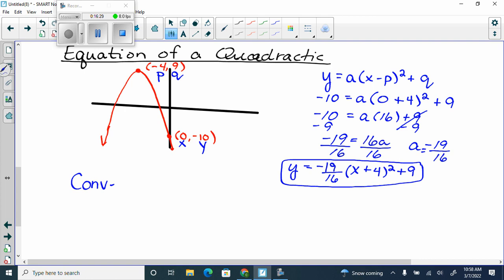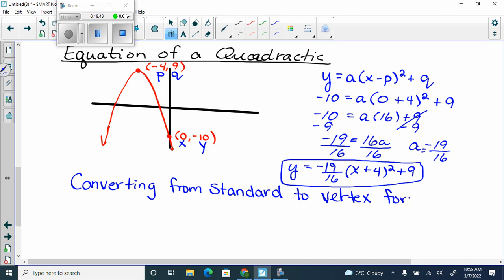So we're going to be converting from standard to vertex form.